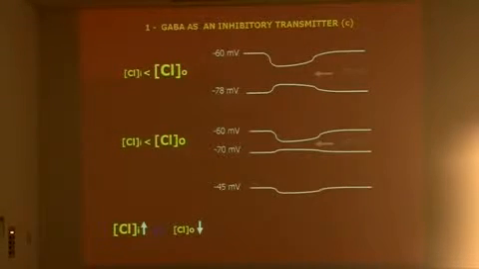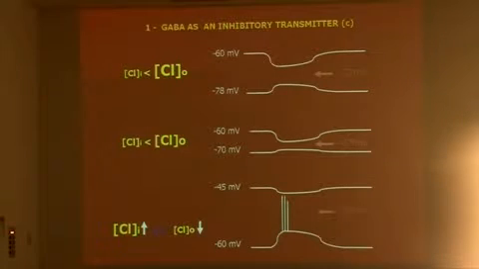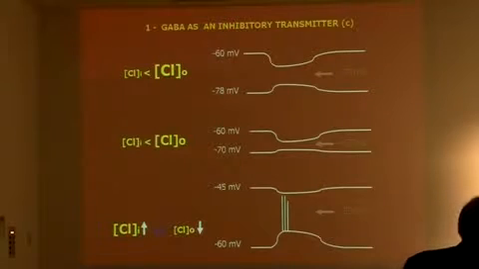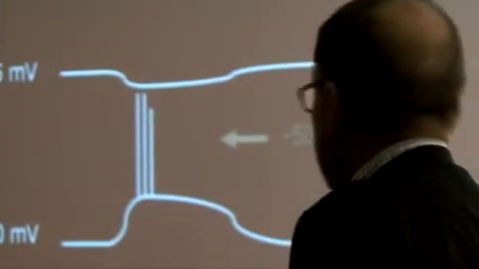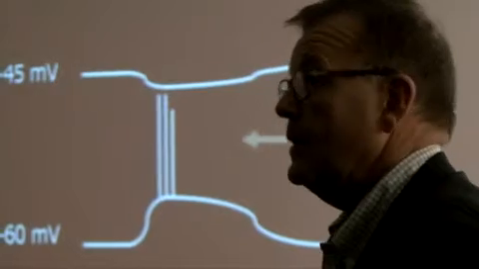Well, in this case, you are going to have an excitation. Why? Because the reversal potential will shift towards the positive, maybe even more positive than the threshold for action potential generation. And so what you are going to see here is that GABA can depolarize and excite neurons.